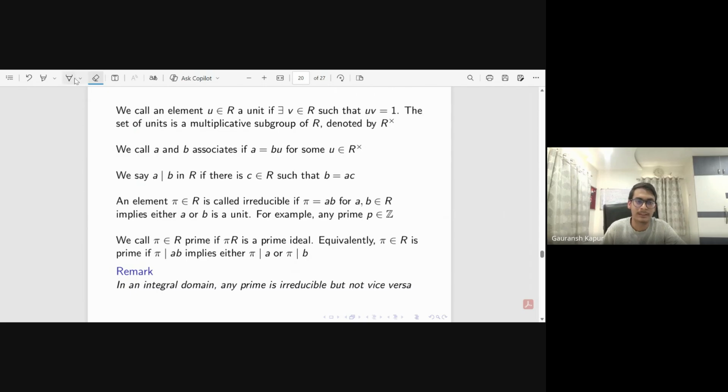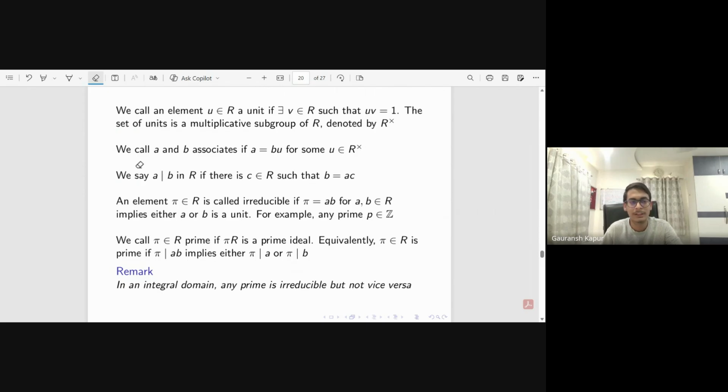So this is the ideal generated by pi, which is the set of pi x, where x is in R. Equivalently, we can show that pi is prime if and only if pi divides ab implies pi divides a or pi divides b. So this is the generalization of prime numbers in a general ring.